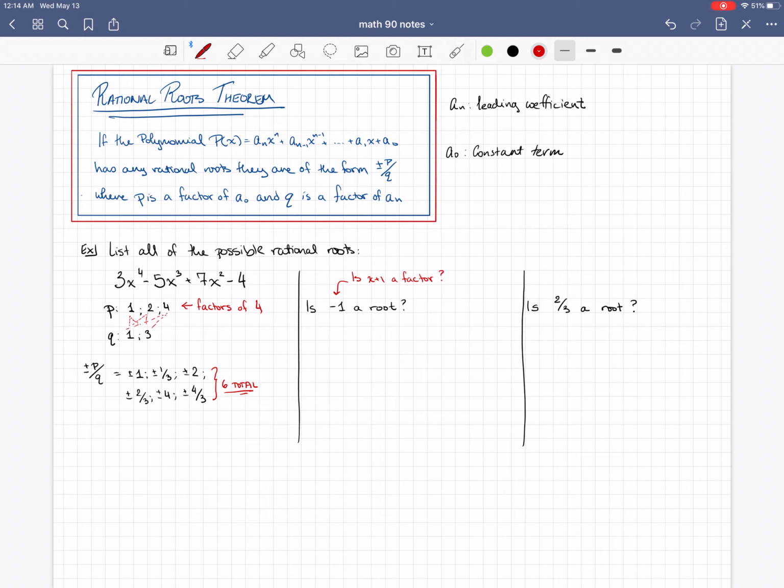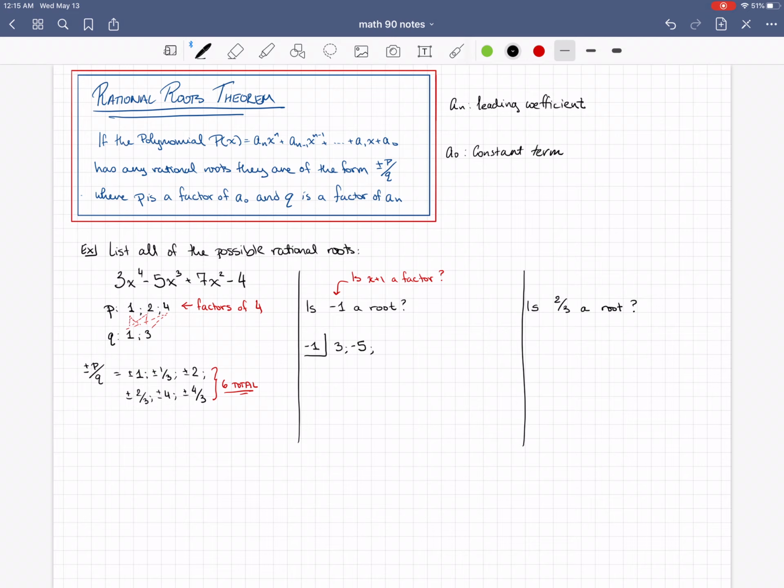So that's the perfect opportunity to use synthetic division. So remember how we talked about this. So I like to do it with the root written here and then multiply add. That's my preferred approach.